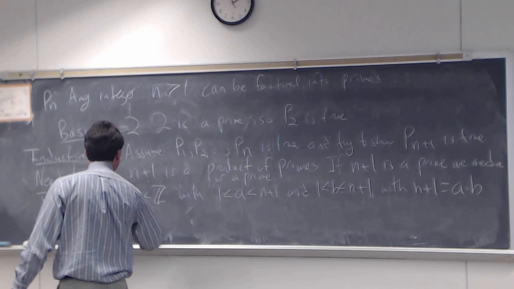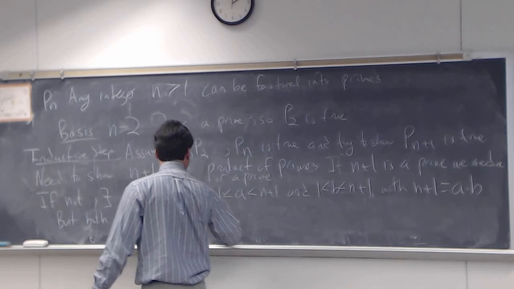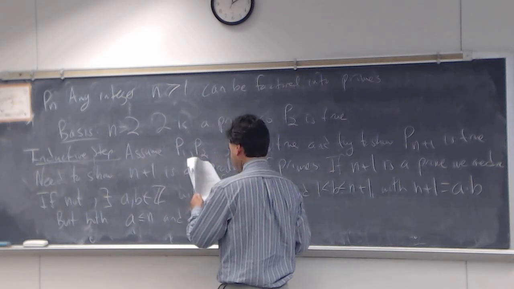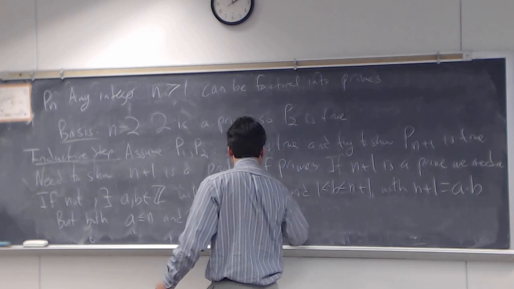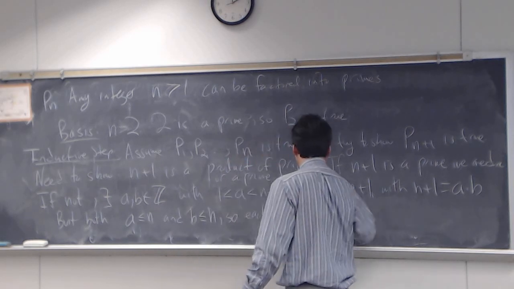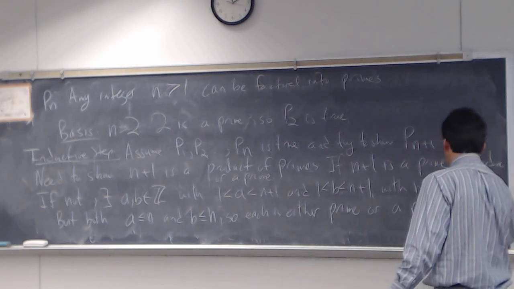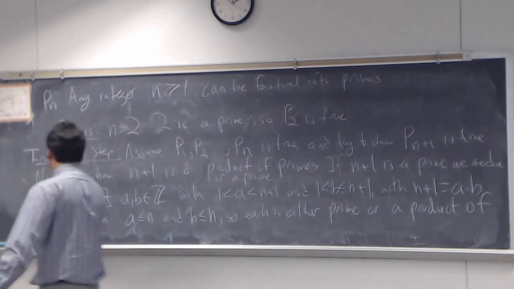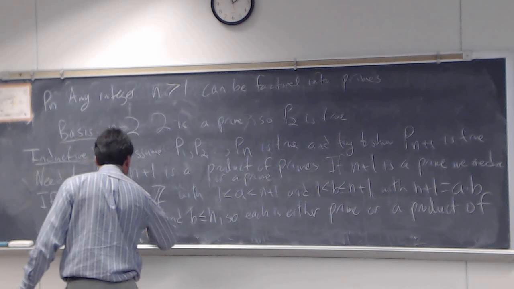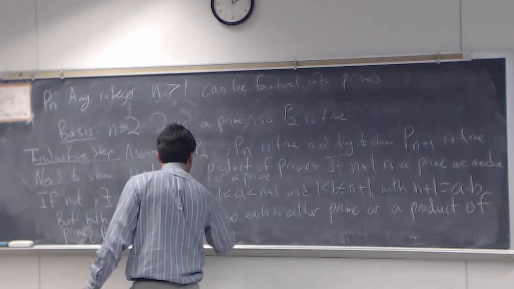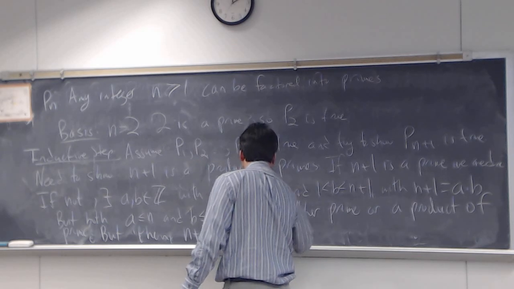But both a and b are less than or equal to n. So each is either prime or a product of primes. But then n plus 1, which is a times b, is also a product of primes.